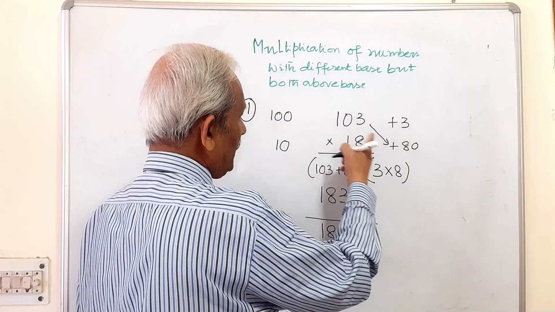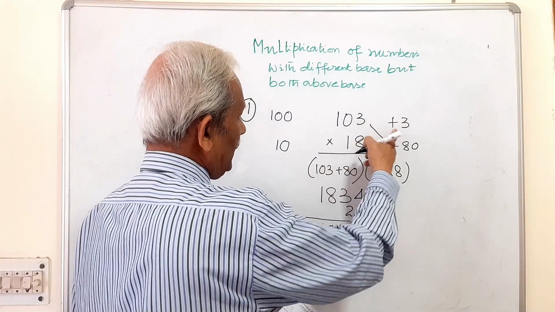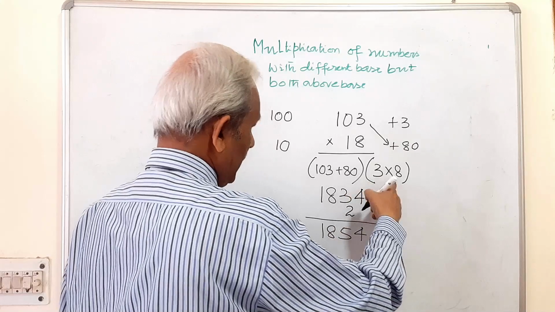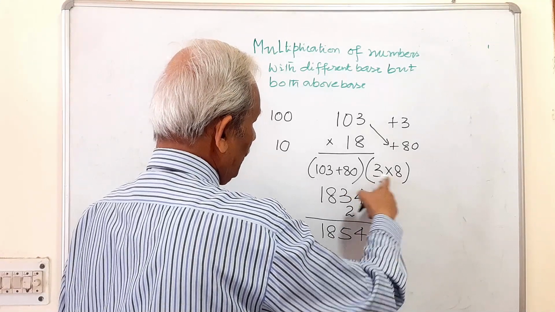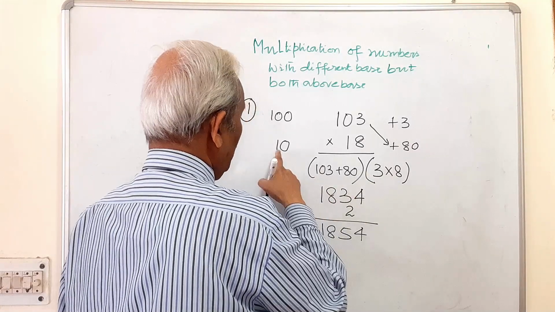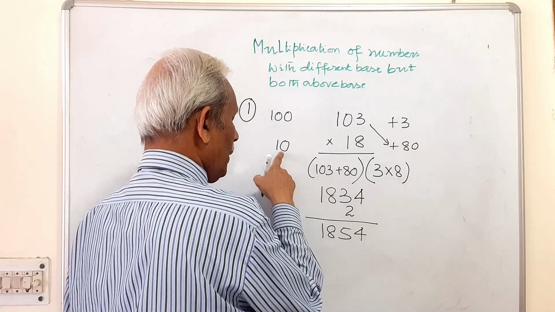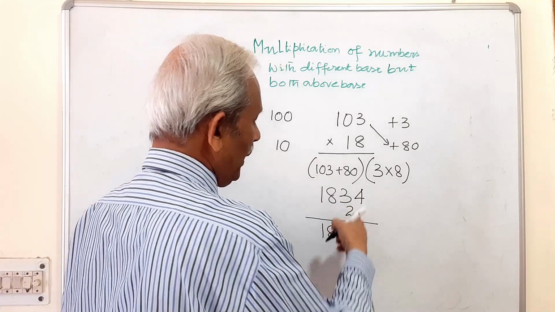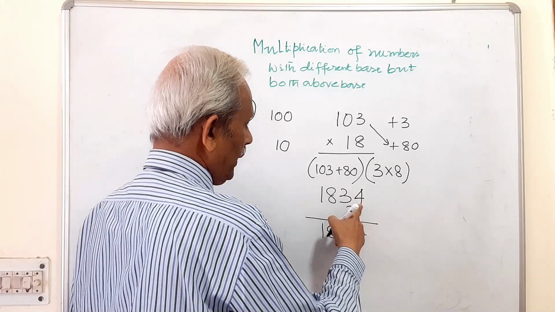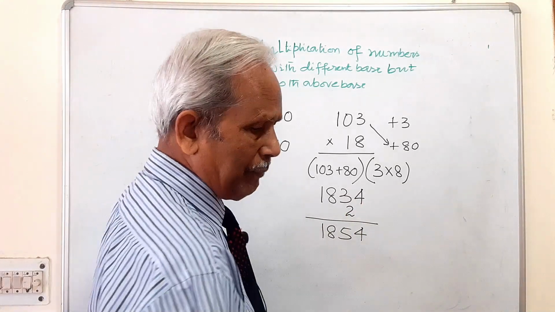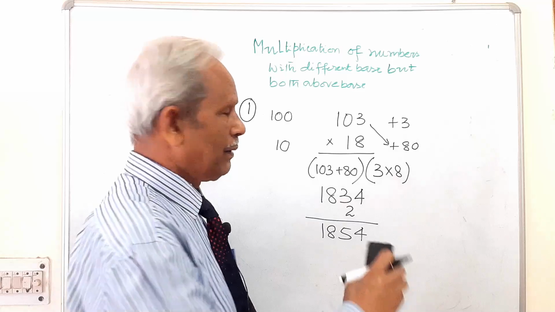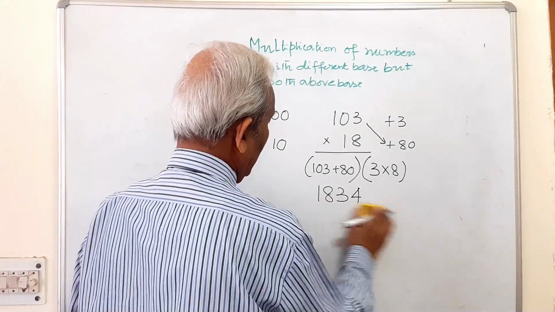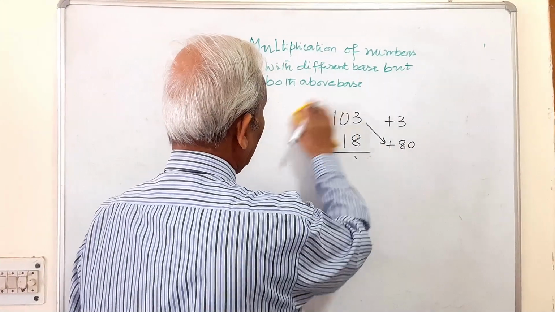So 103 plus 80 and 3 into 8 is 24. But this 3 into 8, 24, we can have only one digit here because there is 1 zero in the base of the smaller number. We'll always check the smaller number for the zeros, for the digits to be written here. So 4 here and 2 carried here, the total is 1854. I think you understand it. Things are very simple. Let us do the next question.